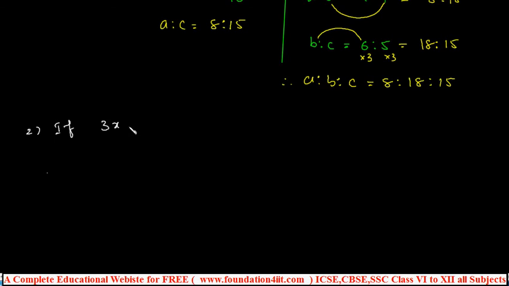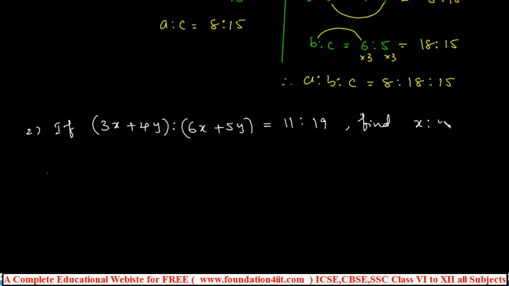If 3x plus 4y is to 6x plus 5y is equal to 11 is to 19, this is the given. Then find x is to y. Using this I need to find x is to y.